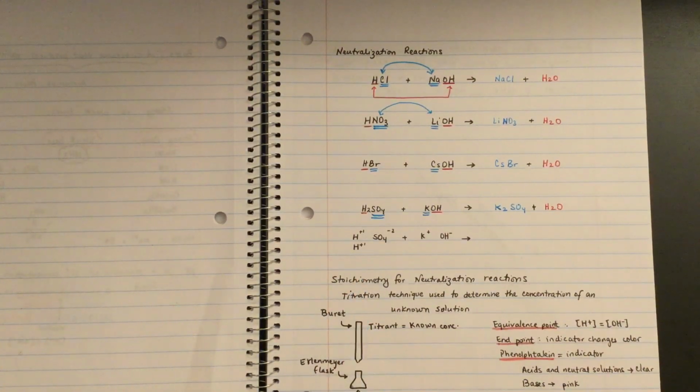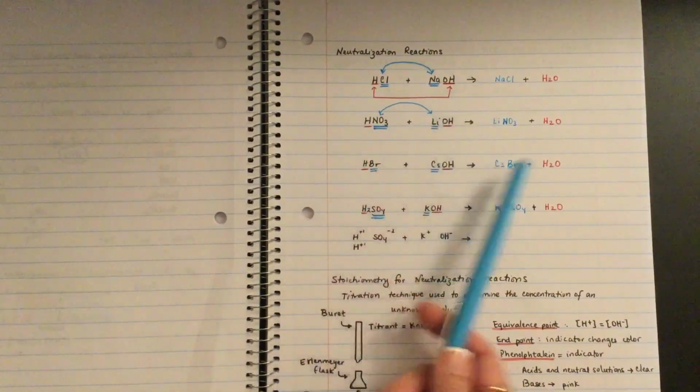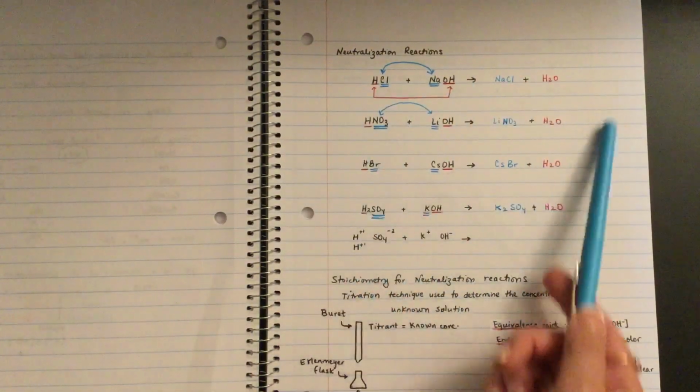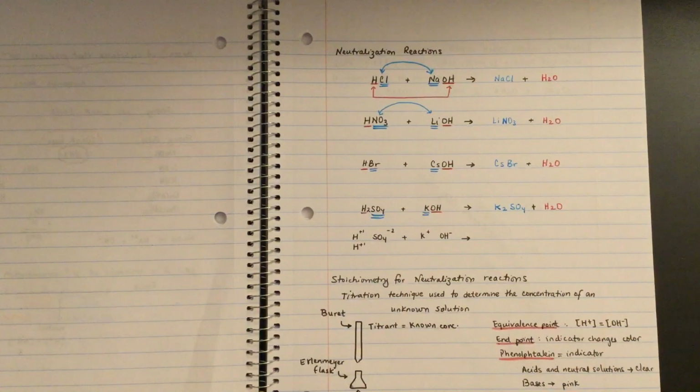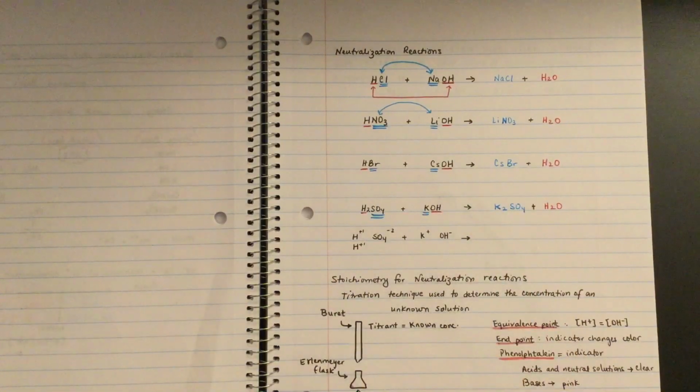So what's happening in this reaction is that this is not a 1-to-1 reaction. It's not 1 mole of acid reacting with 1 mole of the base, which is what you have for all of these ones. You can check all of these 3 reactions and they are already balanced. You don't need to add any coefficients because everything will be 1-to-1.